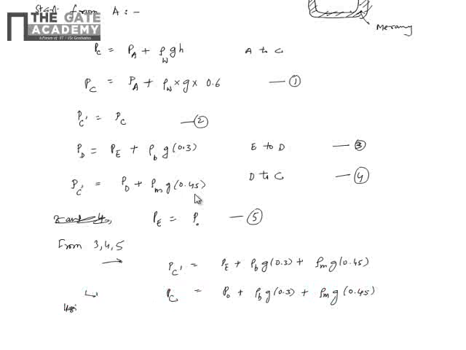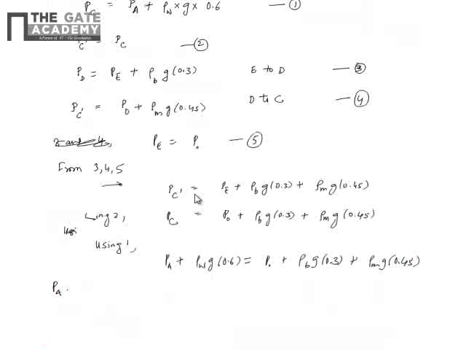So now using 2, and now using 1, I can write PC as PA plus rho water into G into 0.6, equals P naught plus rho B G 0.3 plus rho M G 0.45.